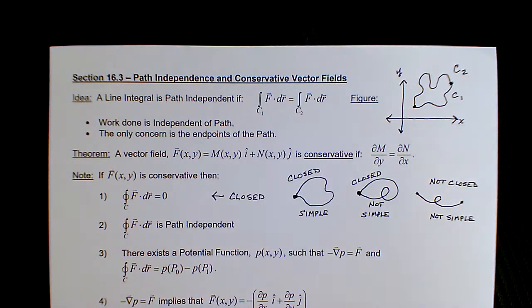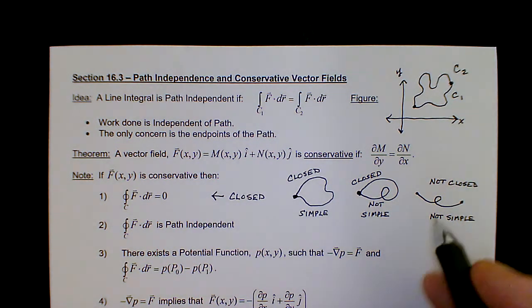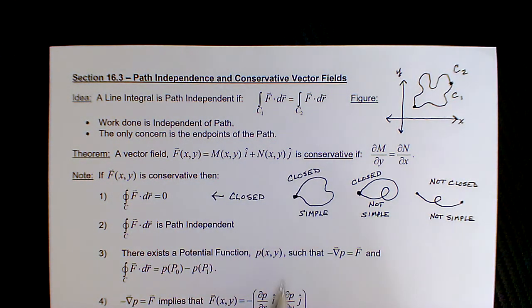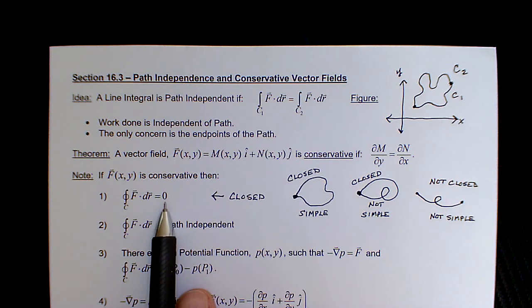And then, of course, if it's just a line segment or something, it doesn't come back, it's not closed, but it would be simple. Okay, so if it's conservative, we say that the work is 0 on a closed simple path.